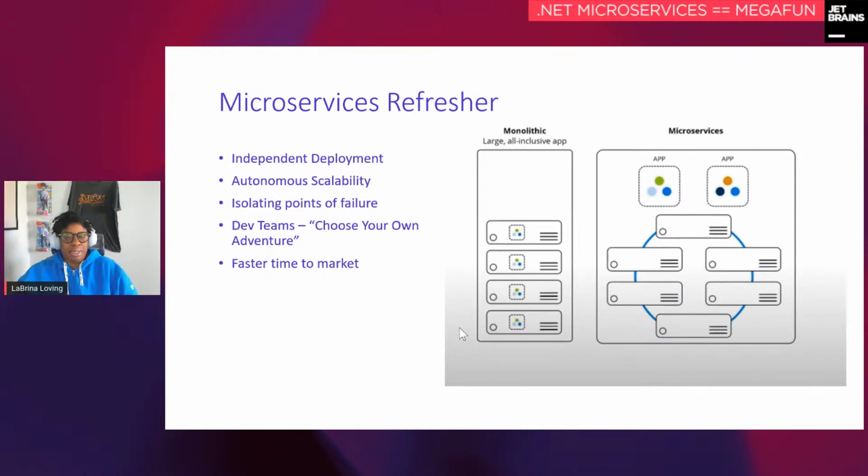But some of my other APIs, some of the metadata APIs or whatever, may not get called as much. If I deploy in a monolithic application, I'm not able to scale those two APIs separately. But with microservices, I can absolutely deploy those separately. I can scale those separately. And I can very easily isolate points of failure should there be any.